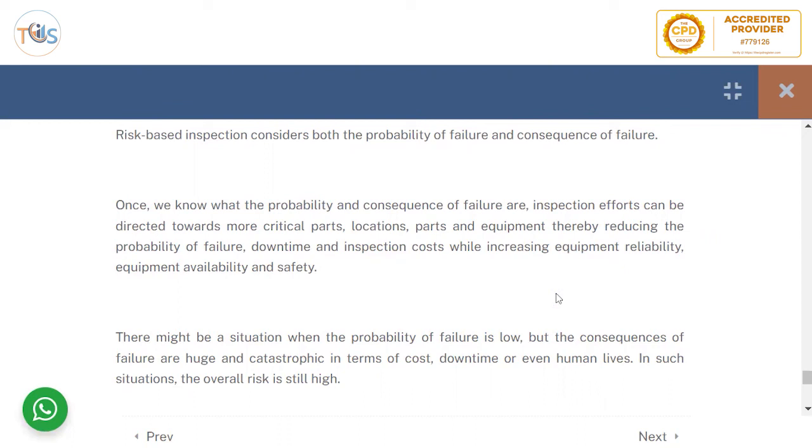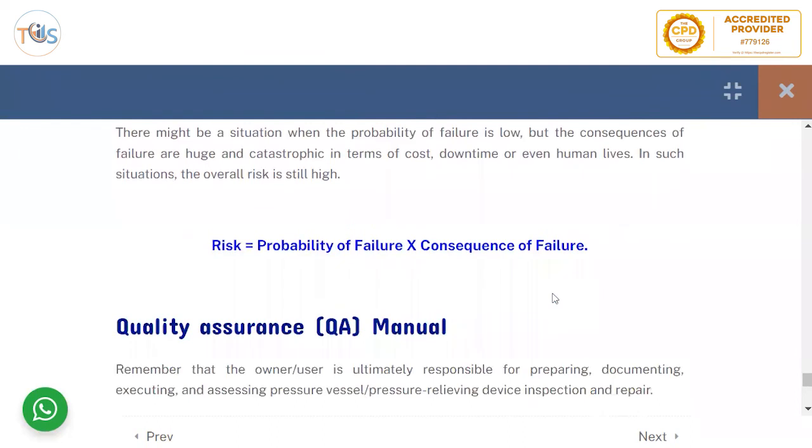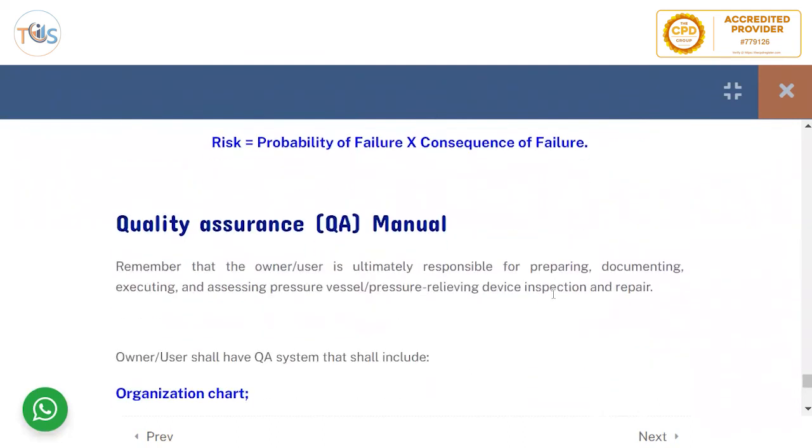Mostly, inspection is concerned with the probability of failure and addresses those areas, whereas the process engineer normally looks at the consequence of failure, and the combination of the two constitutes the risk. So this is the formula: risk is equal to probability of failure multiplied by consequence of failure.